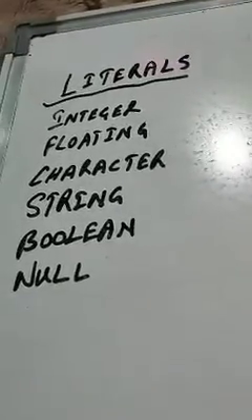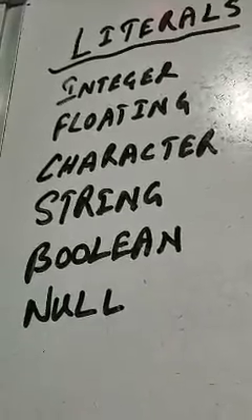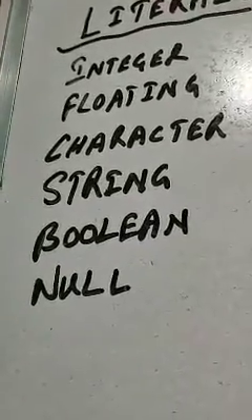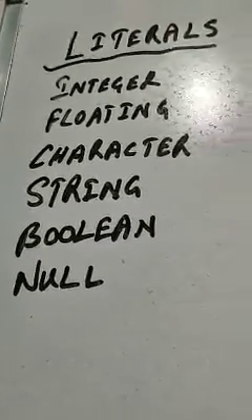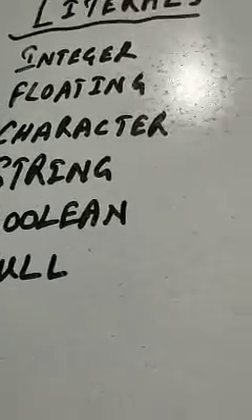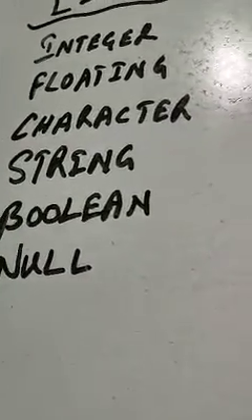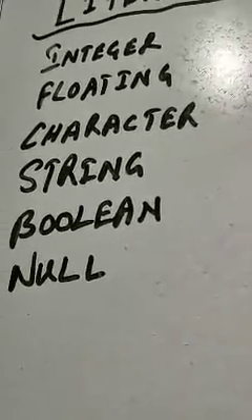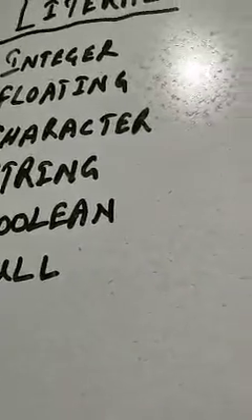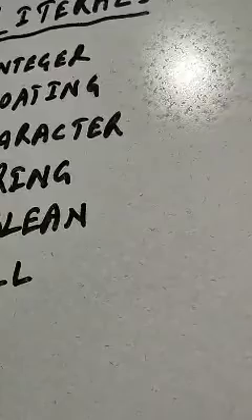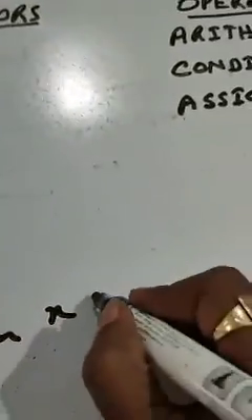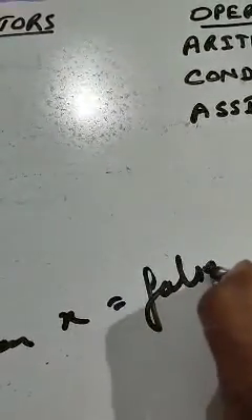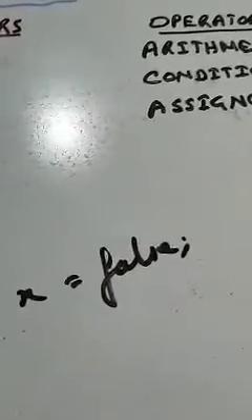All right. Then we have a Boolean literal. A Boolean literal basically refers to a condition or a result of a condition. It provides the result of a condition either in the form of true or in the form of false. So I can write here boolean x equals false.